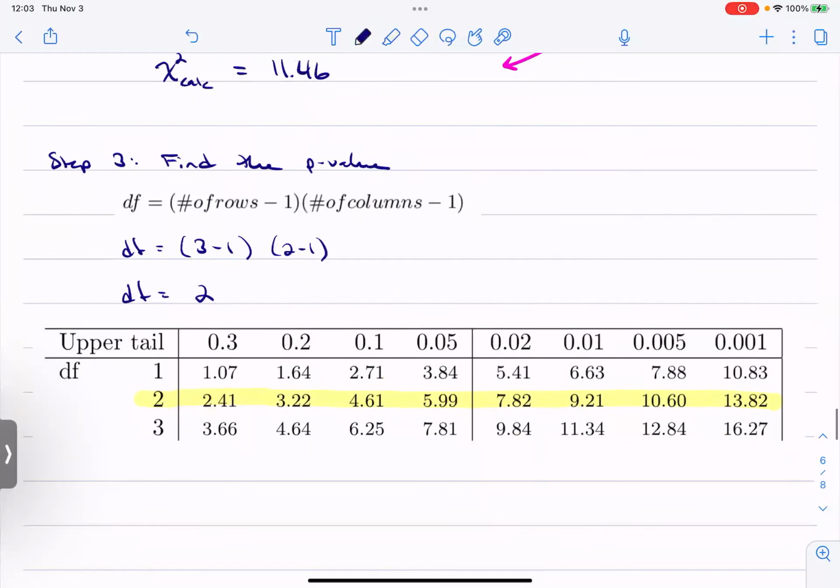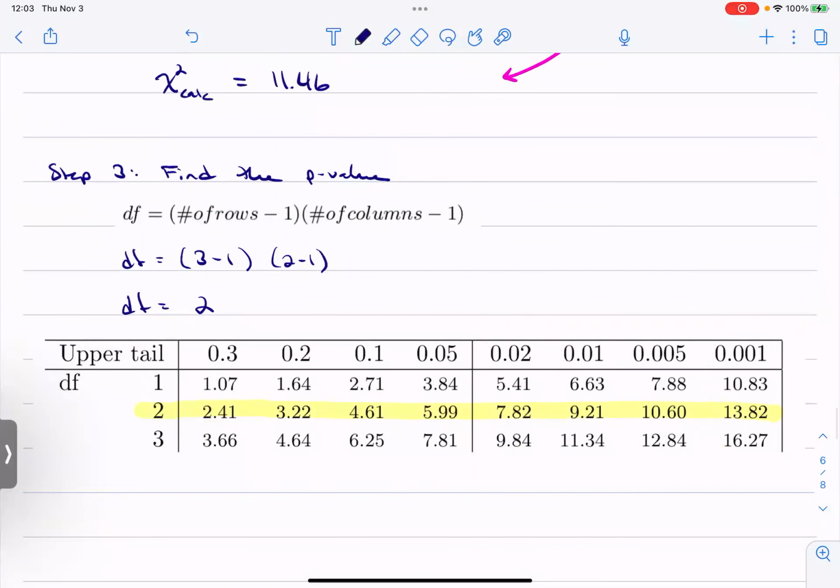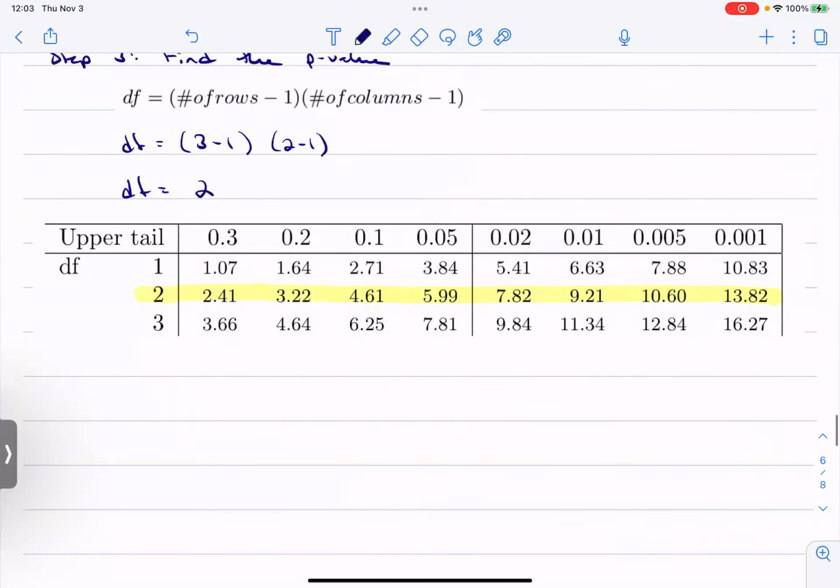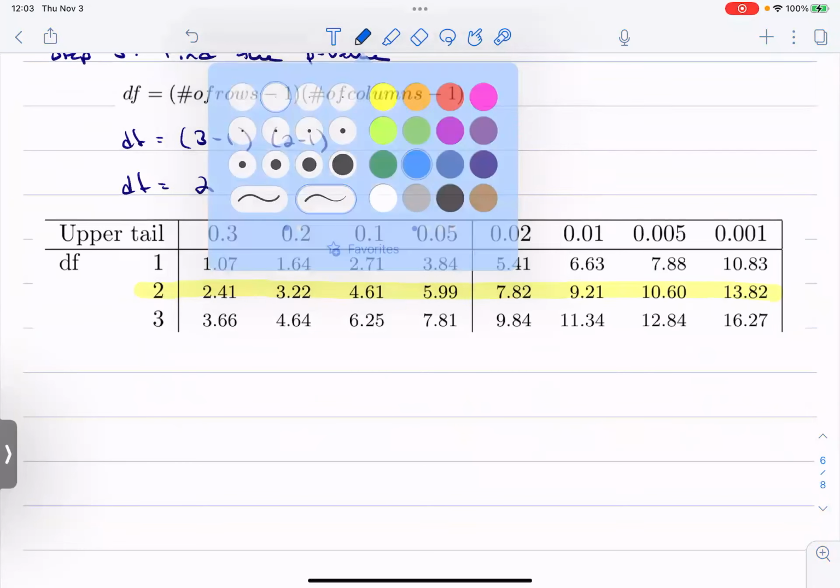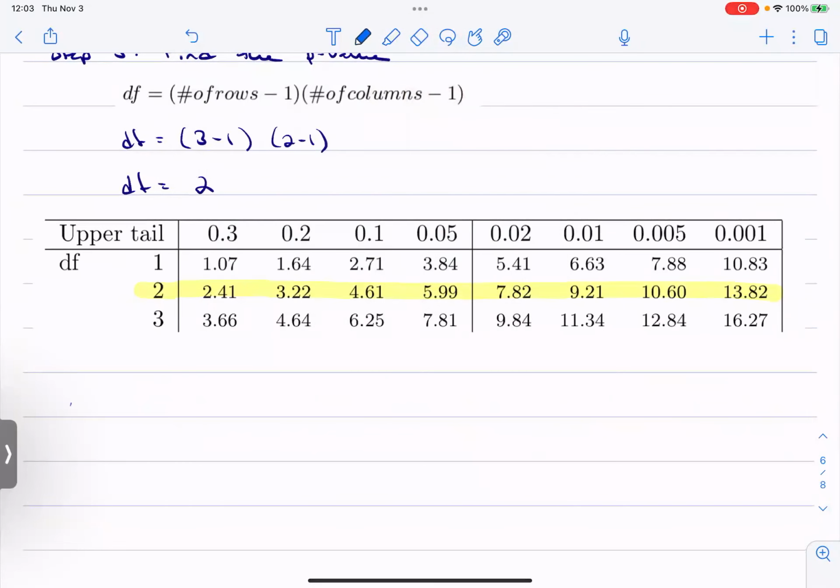Okay, so let's start with the critical value approach, only because that's the new one. And then I want to use the p-value approach for my conclusion. So the critical value approach says that I am going to take my alpha level.